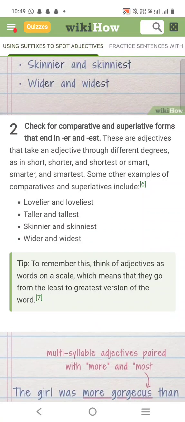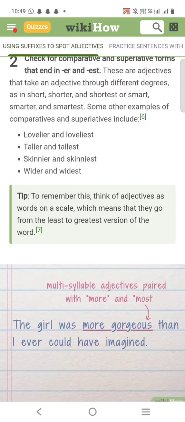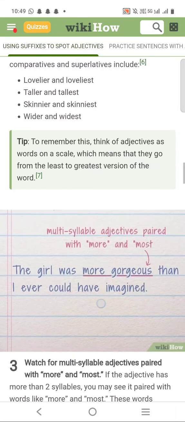These are adjectives that take an adjective through different degrees, as in short, shorter, and shortest, or smart, smarter, and smartest. Some other examples of comparatives and superlatives include lovelier and loveliest, taller and tallest, skinnier and skinniest, wider and widest.